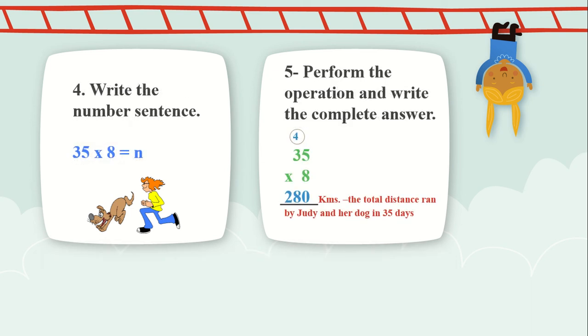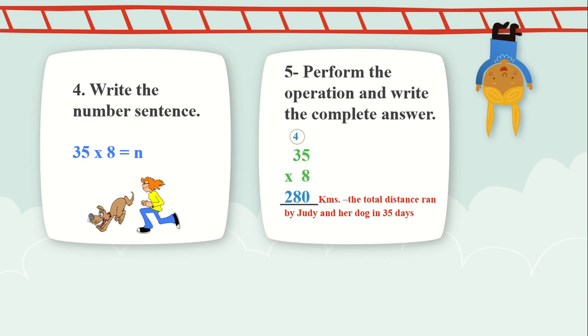Now we're going to write the number sentence. 35 times 8 equals n, which is the information that we need to find. Now this is the number sentence that we need to evaluate. N is the unknown value. Now perform the operation and write the complete answer. We've learned how to multiply two-digit numbers by a one-digit number. 35 times 8, 8 times 5 equals 40.